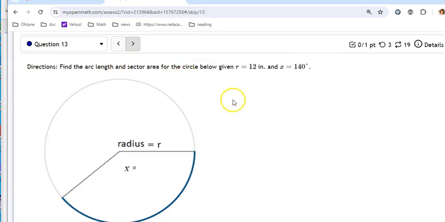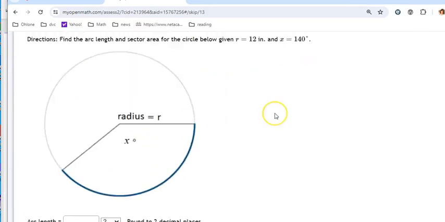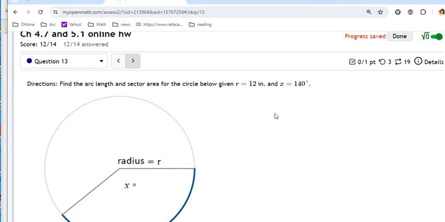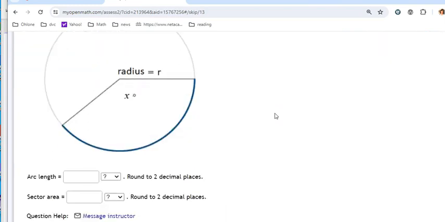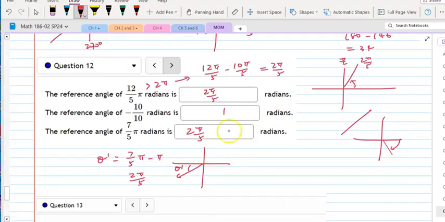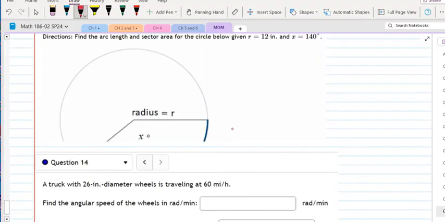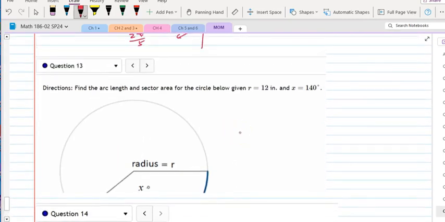So 13, find the arc length and sector area. Okay, arc length and sector area. Oh, okay, 13 is the last question. Oh, 14. Okay, 13: we know arc length is r theta, but you have to change this theta into radians. So 100 times degree times pi over 180, that is 14 pi over 18, right, theta in radians.